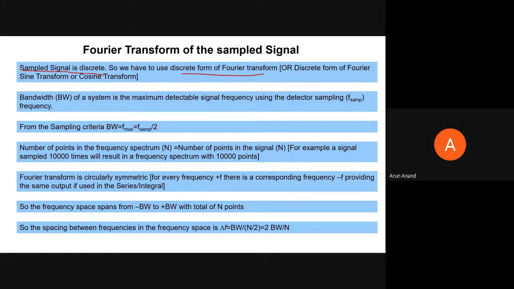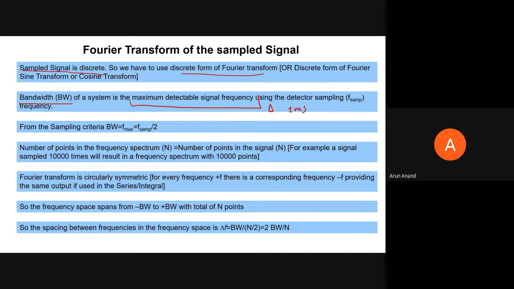Now I'll introduce a term called the bandwidth, which you might also know: it is the maximum detectable signal frequency using the detector sampling frequency. Suppose your signal has time variations of the order of, let's say, 1 millisecond.